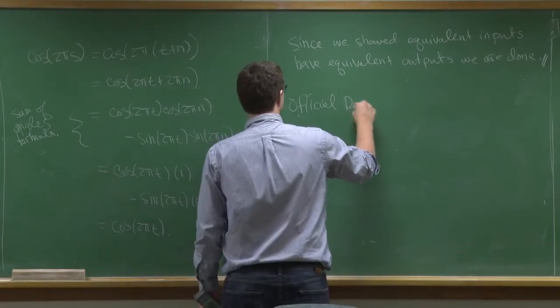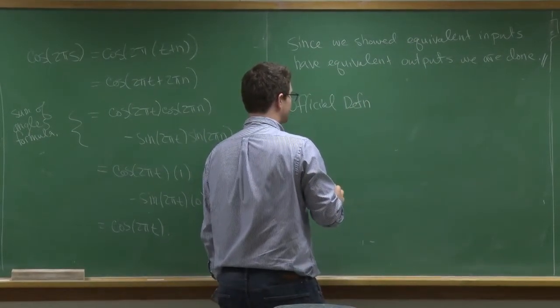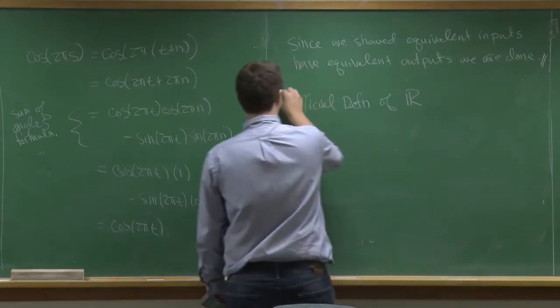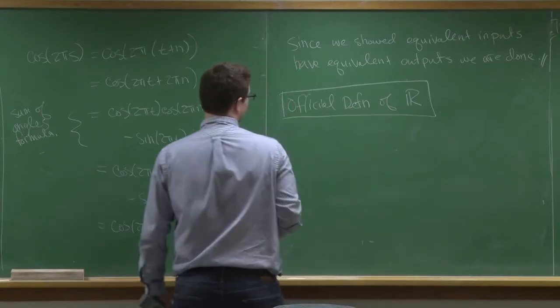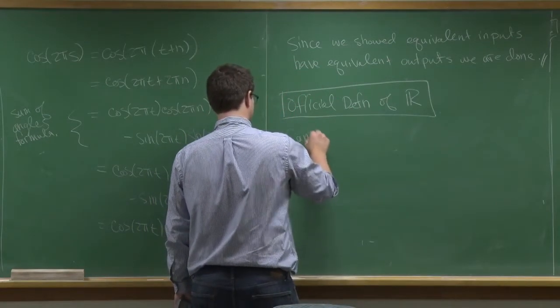There are two official definitions of R, one due to Cantor and one due to Dedekind. This involves an equivalence relation. This is Cantor's version.